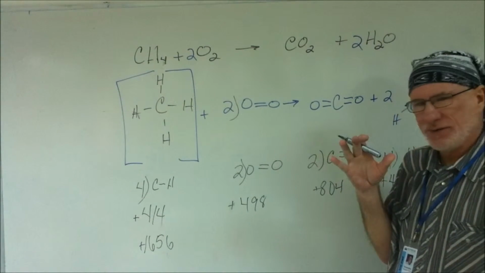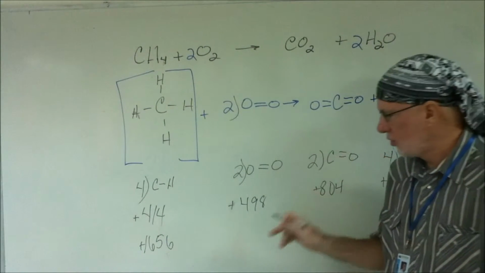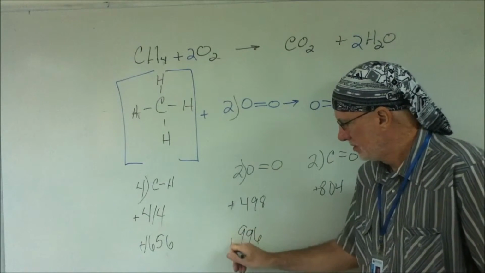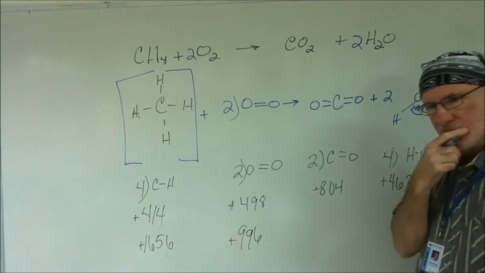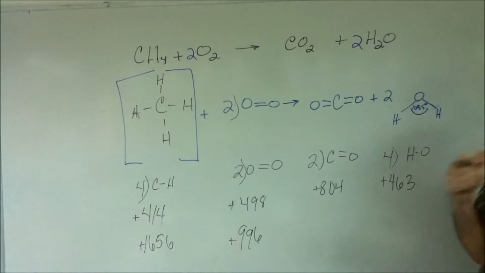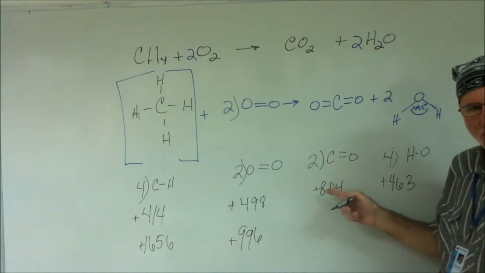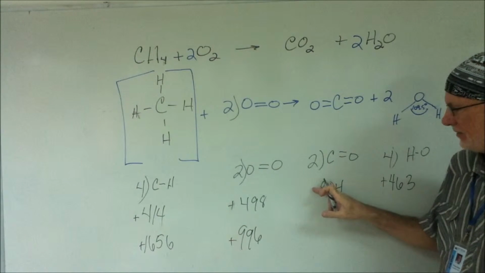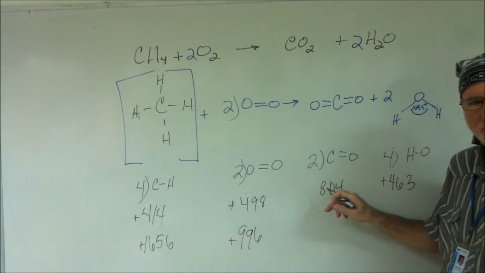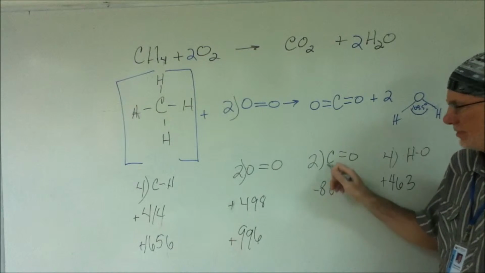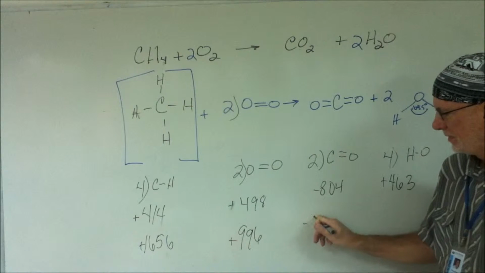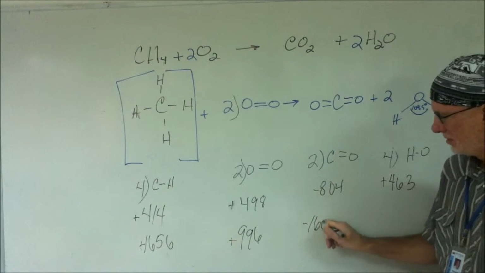That's like 500, so that's 1,000 minus 4. 996. Yes? What else? Now, is this going to be negative or positive? Negative. Why is it going to be negative? Because bonds are forming. Exactly. So what's this going to be? 1608. Well done, Lauren.